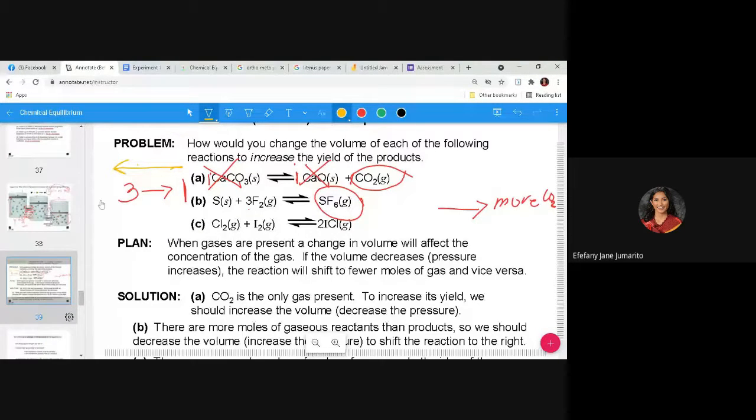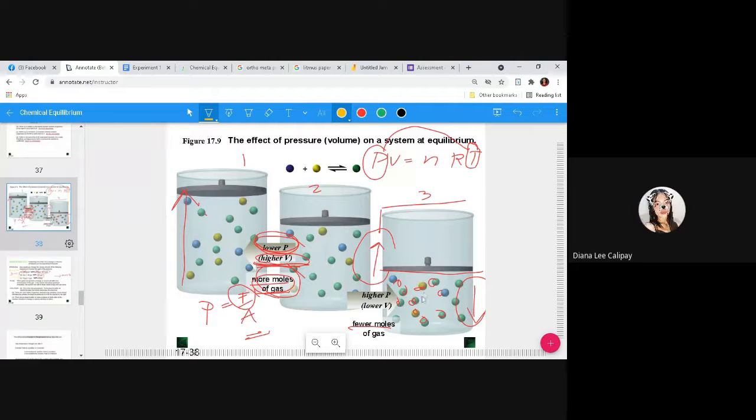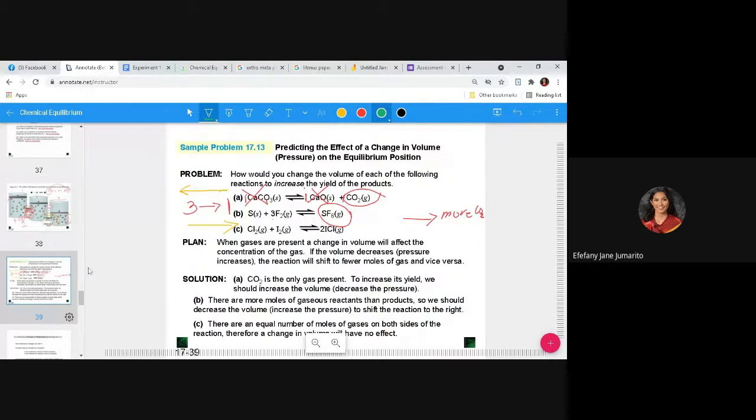Now, unsa tong desire? The desire is to increase the product. Dapat mo shift to the right imong equilibrium. How are we going to do that? We will lower the volume and then we will increase the pressure in order for us to favor the formation of the products.